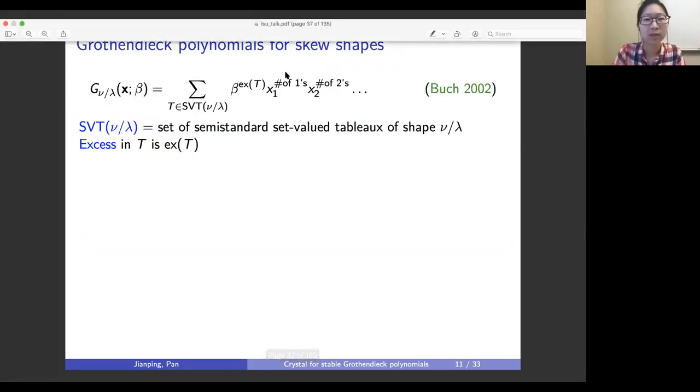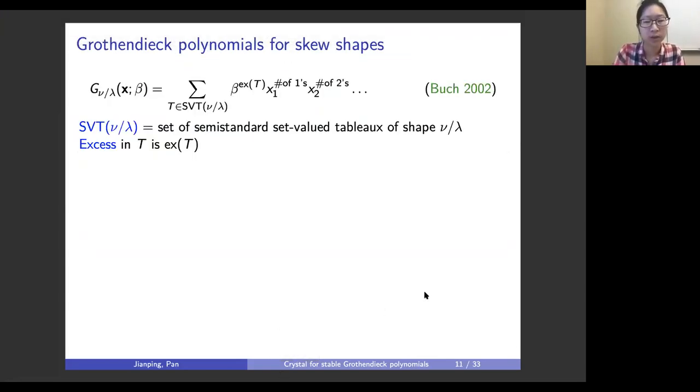Okay, so now we've talked about the stable Grothendieck polynomial for W. We can also talk about Grothendieck polynomials for skew shapes. It's defined by Buch that this is a generating function of semi-standard set-valued tableaux of skew shape.